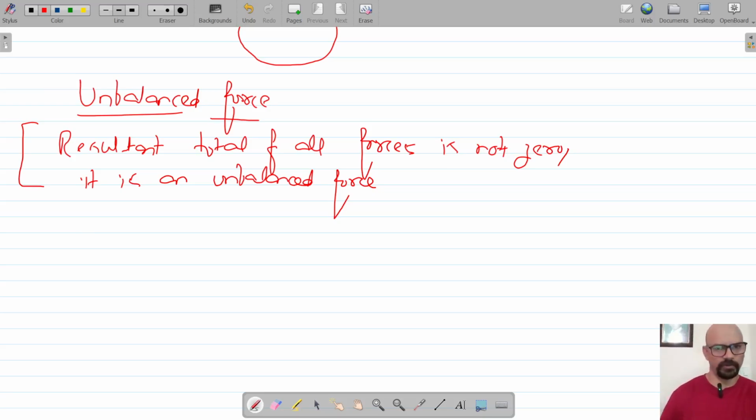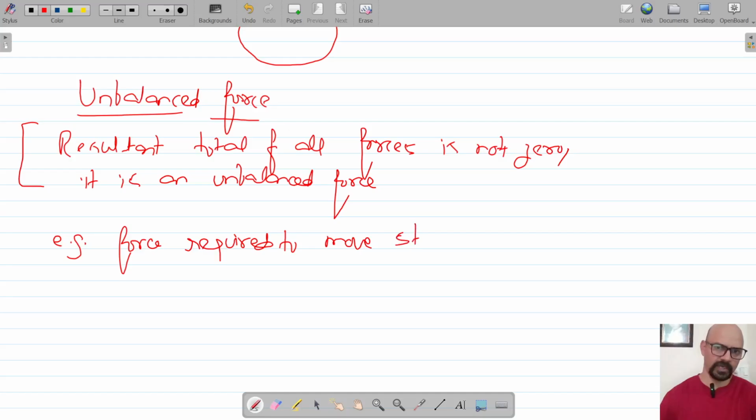Now, what could be the examples of the unbalanced force? The first one is the force required to move a stationary object. Why is it an unbalanced force? Because we push it with a force, and that force should be more than the frictional force. This muscular force is an example of an unbalanced force.